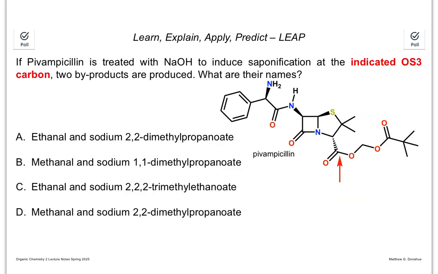So the last question here, see if you can think about it in the last minute. That carbon atom indicated by the red arrow, if it's, say, hydrolyzed or saponified, you get 2 byproducts. So not including this part. You get a nucleophile attack it, and then a degradation happens.